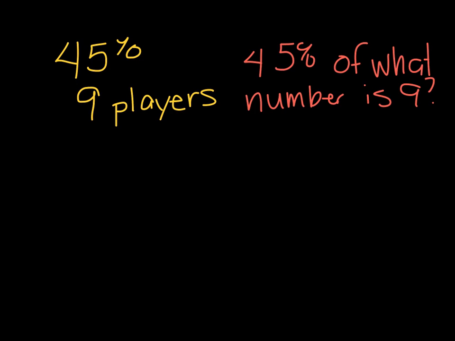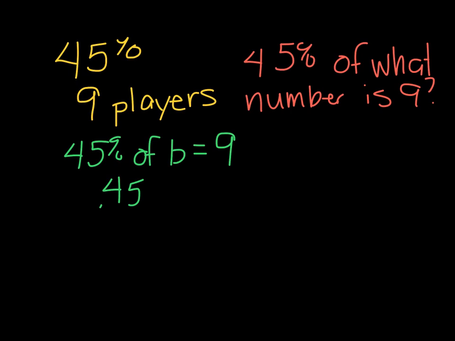The first way would be to write and solve an equation. So we have 45% of B, which will be the total group of people, equals 9. So we would multiply 0.45, because that's 45%, times B equals 9.